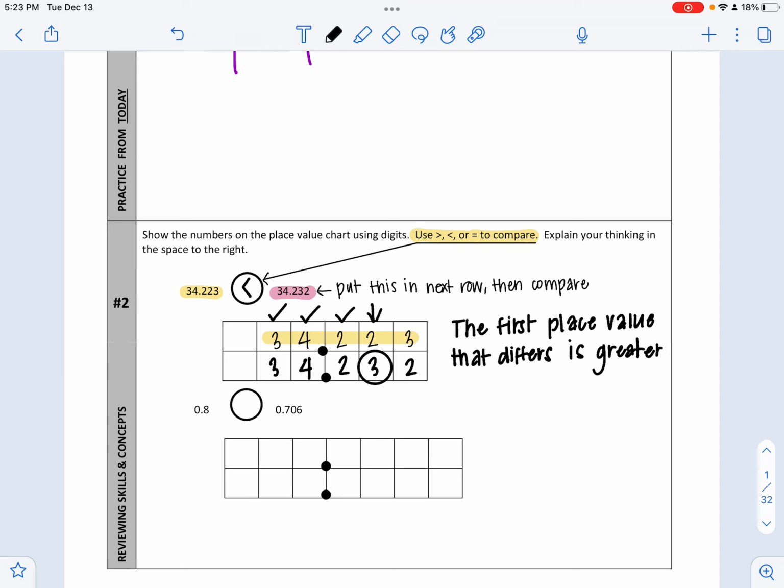And of course it's greater in 34.232. You'll want to make the same comparison in number 2, which is this question here.